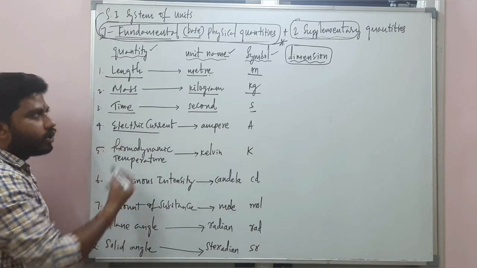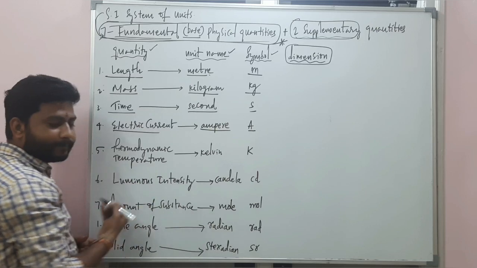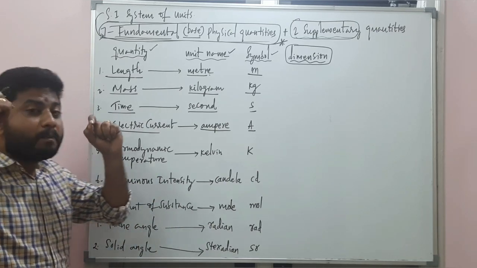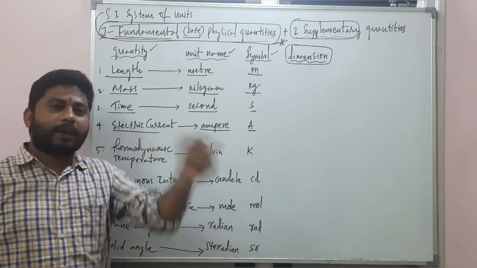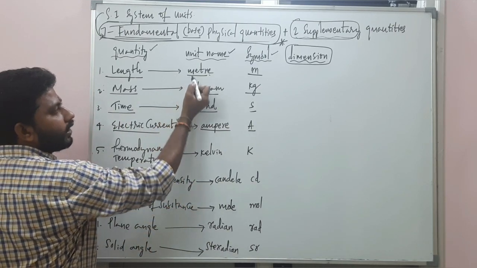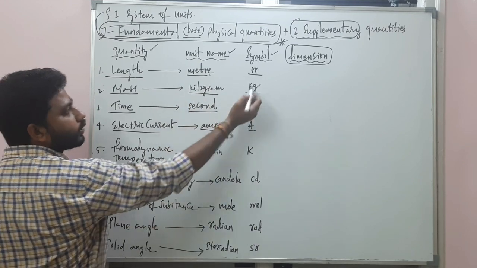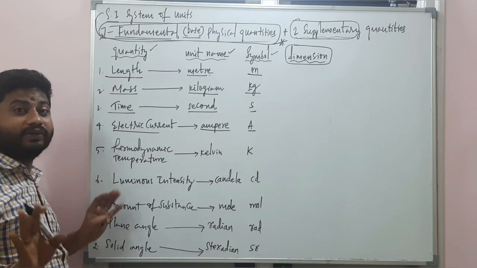Electric current, unit name is ampere, its symbol is A, capital A. You should be more focused on the small letters and capital letters here. Here you can see small m, small k, small s. Here also small m, small k, small s. No capital M written here.